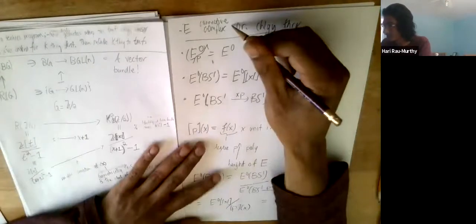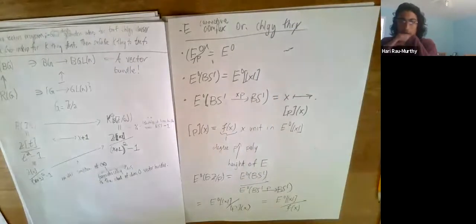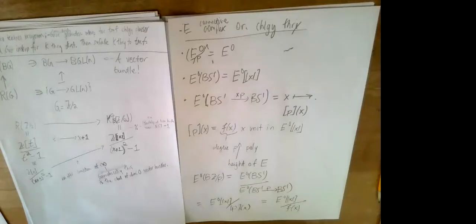Even periodic. Not just even periodic, concentrated in even degrees. Yeah, because you want an exact sequence here, when you can compute E0 of BZ mod P.